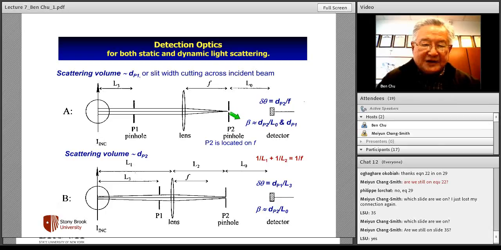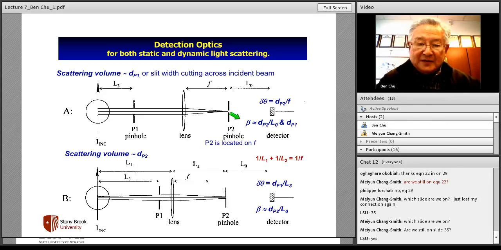The main feature of that is the pinhole is located at the focal length of the lens. In the B configuration, you notice the scattering volume is really determined by D2, the diameter of the second pinhole. So one is determined by the one in the front, one by the one in the back.